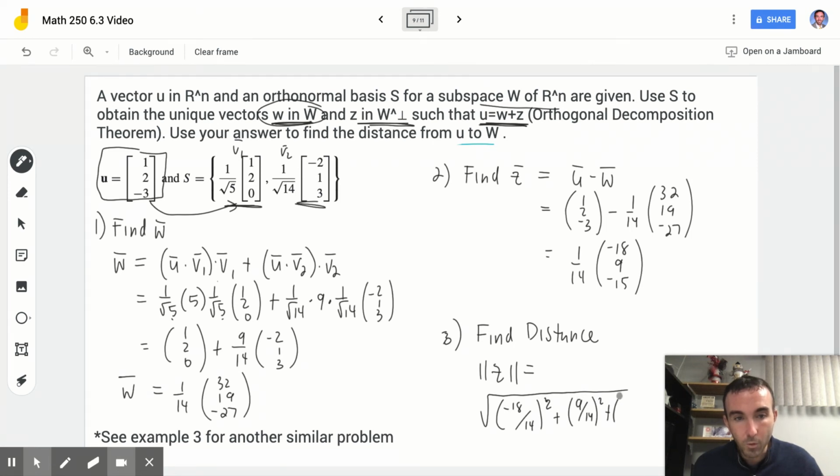And I'm going to square negative 15/14. Add them all up, take the square root, and it simplifies nicely down to 3/14 radical 70. If you're interested in another example, example 3 in your textbook works out one that's very similar, if you'd like to see another one in good detail.